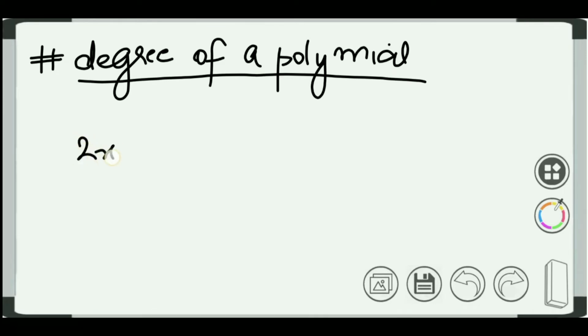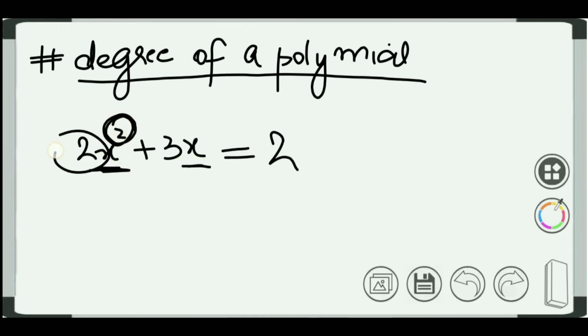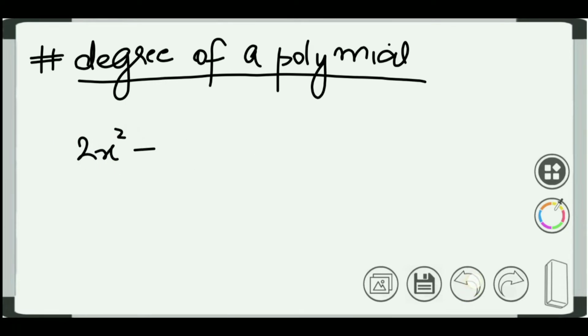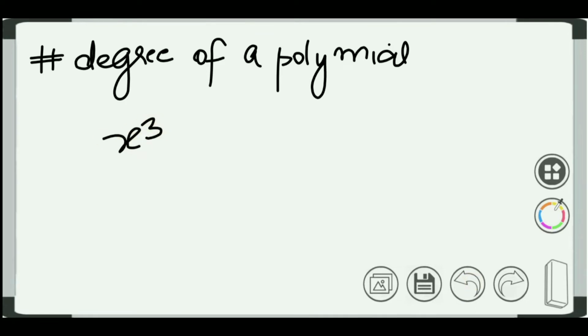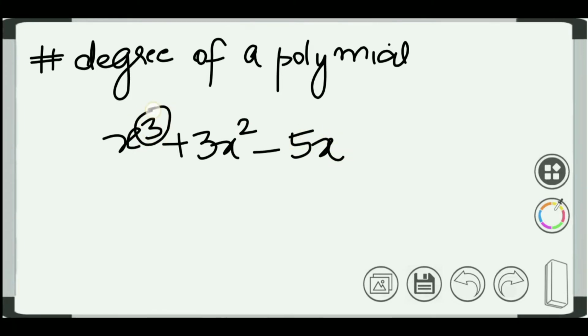Consider the polynomial 2x square plus 3x. What is the degree of this polynomial? 2, the highest power of the variable, not the constant. The highest power of the variable is called the degree of a polynomial. Take x cube minus 3x square plus 5x. What is the degree of the polynomial here? 3.